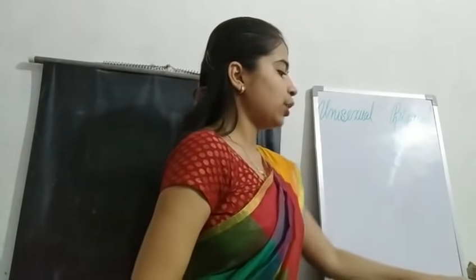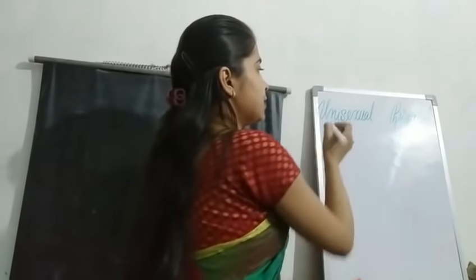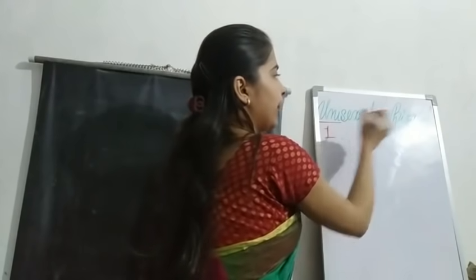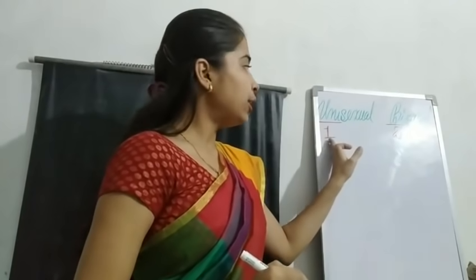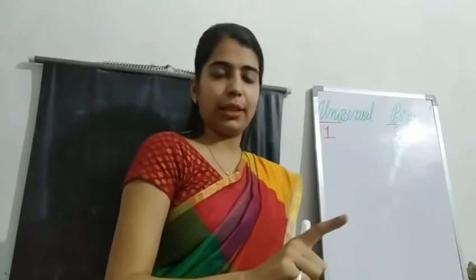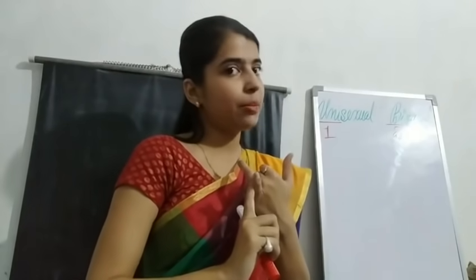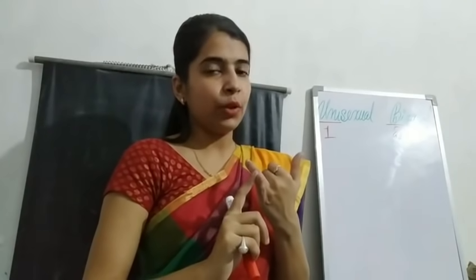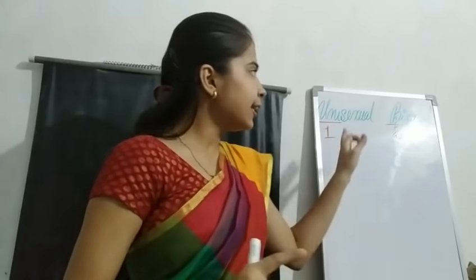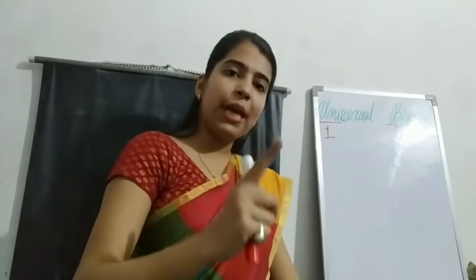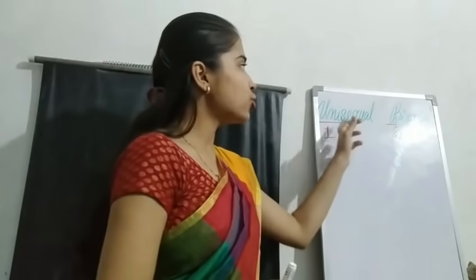See students, uni is one, and bi means two. So the flowers in which only either the male part, that is stamen, or the female part, that is pistil, either male part or the female part of the flower is there, that is called as unisexual flower.